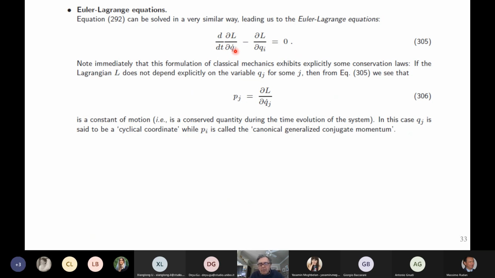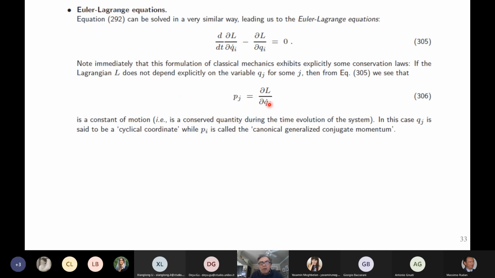So I have a system of n second order differential equations, where n is the number of degrees of freedom of the system, and I convert it into a system of 2n first order differential equations by introducing new independent variables, which are just the derivative of the Lagrangian with respect to the Q dot. And I define these as the momenta which are canonically conjugated to the variable Q sub i.